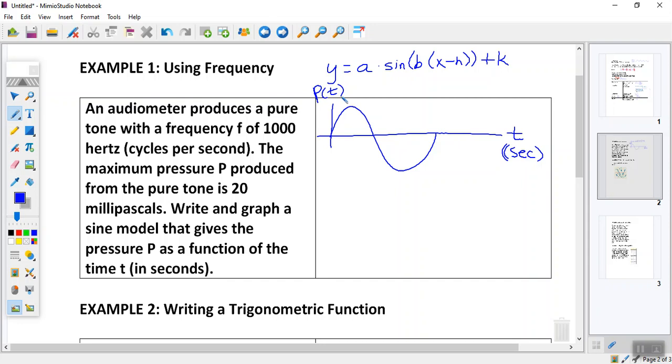So if I drew 1000 of these back to back, that would only represent 1 second. Does that make sense to everybody? So if I have 1 second on a horizontal graph and it took 1000 of them, are these going to be really crunched together, or really spread out? Really crunched. So let's understand what's going on here.